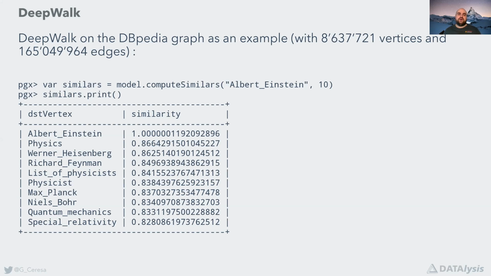And then we have Heisenberg, Feynman, Planck, Bohr. I mean, they're all guys that did things with physics as well. They all worked on similar topics. We have also quantum mechanics, special relativity. So you see that on a huge graph, without direct connections between objects, DeepWalk really finds out what else in the graph looks like something that I ask for. This is really the power of DeepWalk.